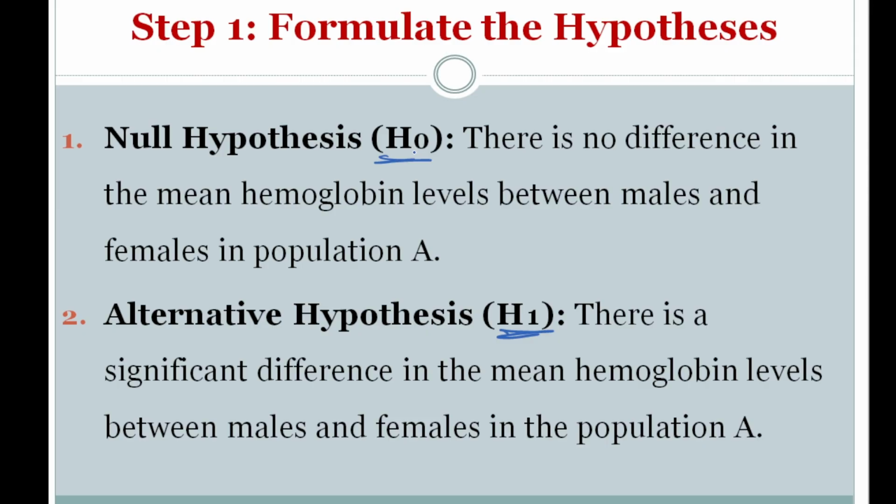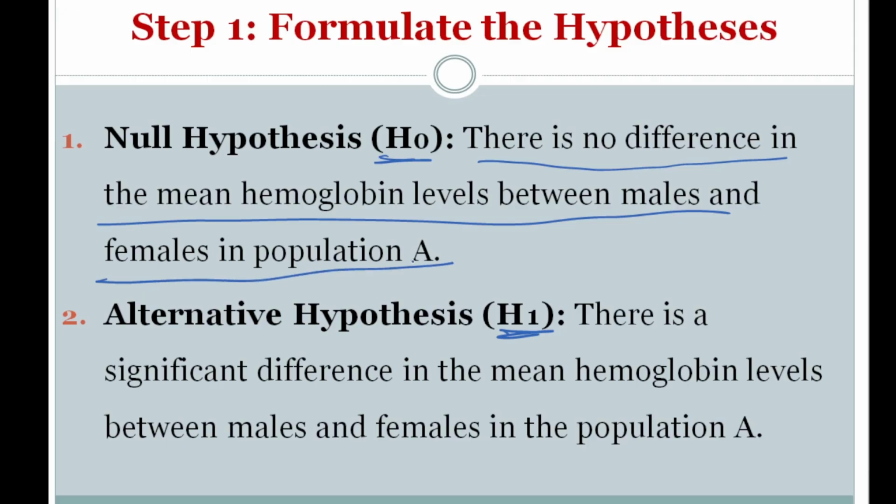For example, we are going to find out the difference between the mean hemoglobin level of males and females in a population. So in that context, the null hypothesis will be there is no difference in the mean hemoglobin level between males and females in population A. So this is null hypothesis.